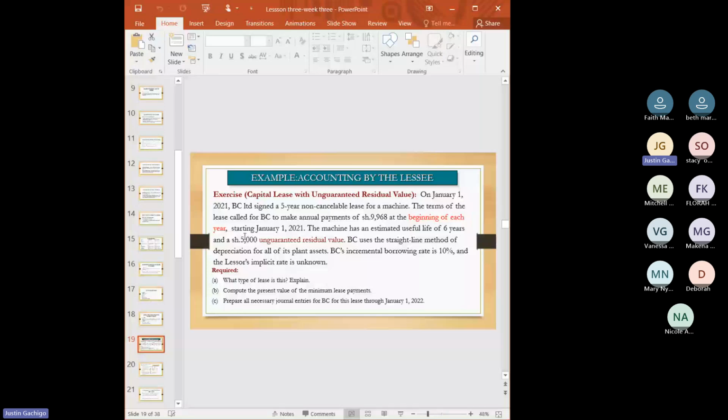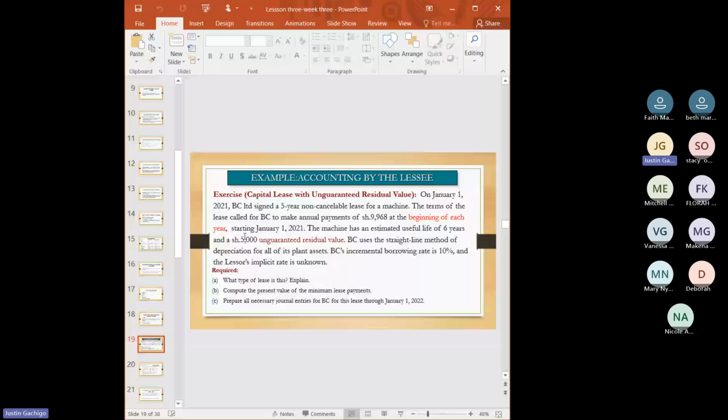The machine has an estimated useful life of 6 years and shillings 5,000 guaranteed residual value. BC uses the straight-line method of depreciation for all its plant assets. BC's incremental borrowing rate is 10% and the lessor's implicit rate is unknown.